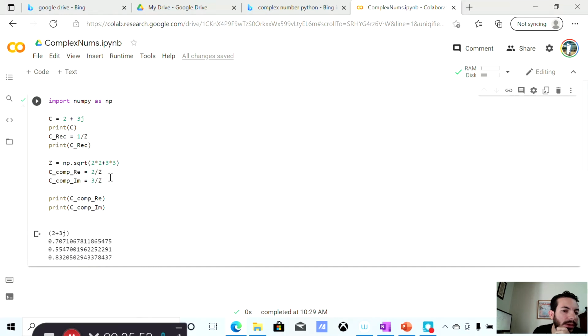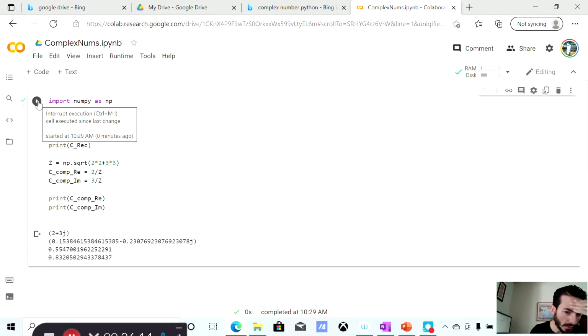Okay, now if I wanted to do c rec, it is 1 over c. So I get this number here, the reciprocal of this, which is telling me that it's 0.15 and 0.23.